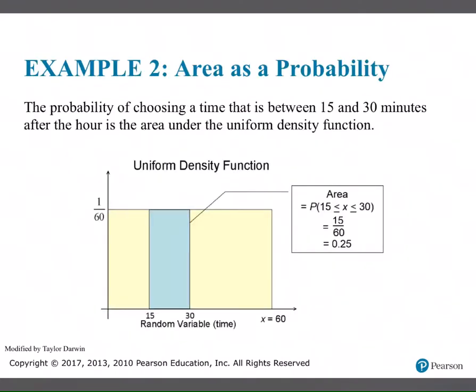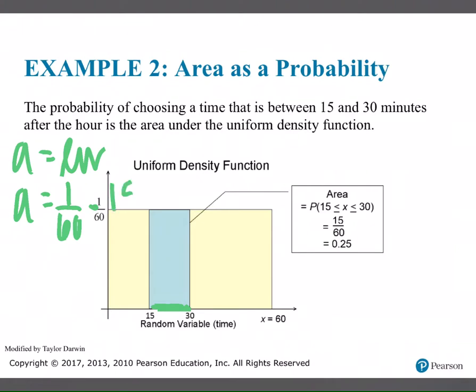So what is the probability of picking a time between 15 and 20 minutes? I want that area right there, that blue, and that's the same thing as finding the probability. If area equals length times width, and I'm only talking about a little bit of the entire area, my length is still 1 out of 60, but now my width is 15, right? 15 to 30, that width is 15, which is the same thing as 15 over 1.